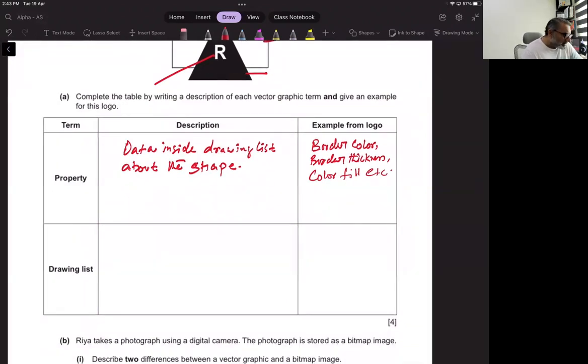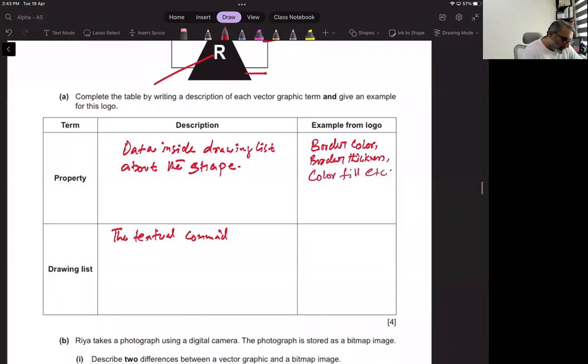So what is drawing list? The textual command to draw the shape on screen. Shapes are also called objects. I think objects is the better word.